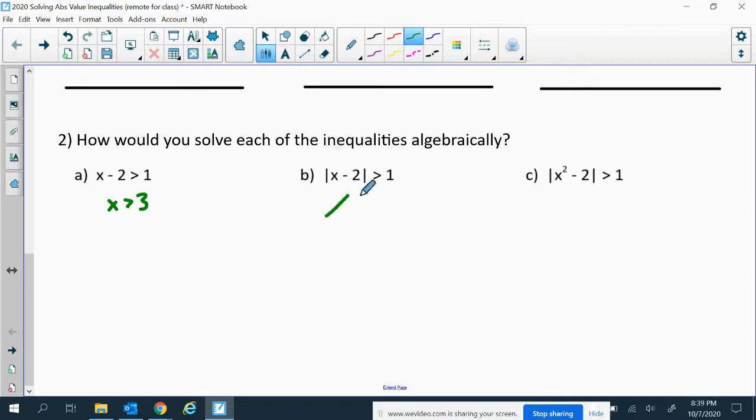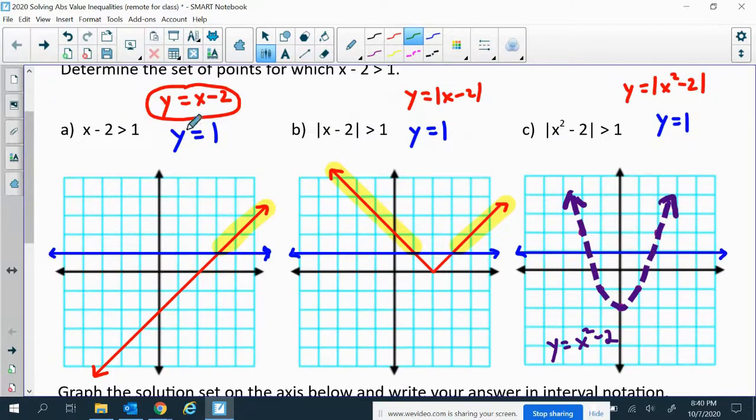And from Algebra 2, we would break this into 2 different inequalities. Once we get the absolute value by itself, we'd see x is greater than 3 or x is less than 1. And those are the things that we also see visually on the graph.